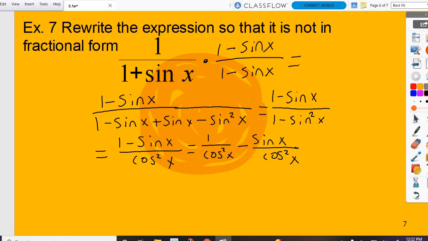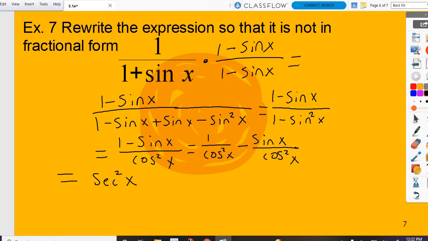So how can I rewrite 1 divided by cosine squared? What's 1 divided by cosine? Secant, and if I have 2 of those, it's going to be secant squared of x. Are we all okay with that? Well, is that a fraction anymore? No, so we're almost there.